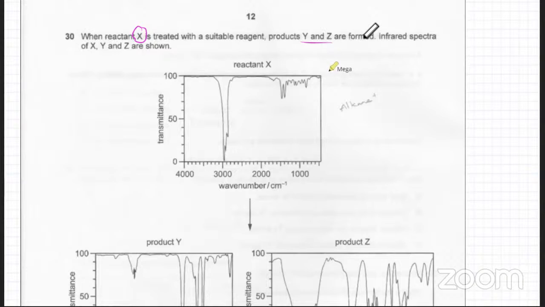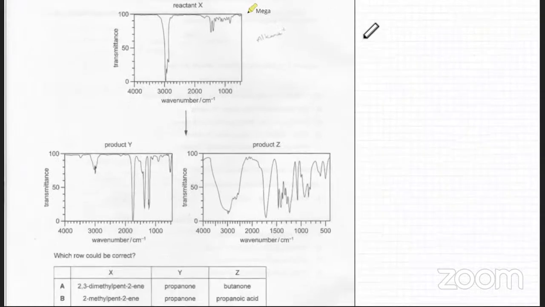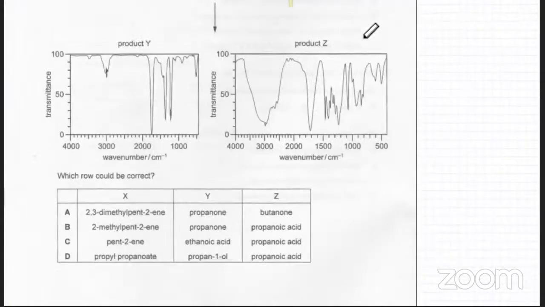If you look at the infrared spectrum, you've got the spectra of both products Y and Z, and he's asking which row could be correct. He's given you 3 options. You can have a look at the options first. There's an alkene, another alkene, and an alkene.